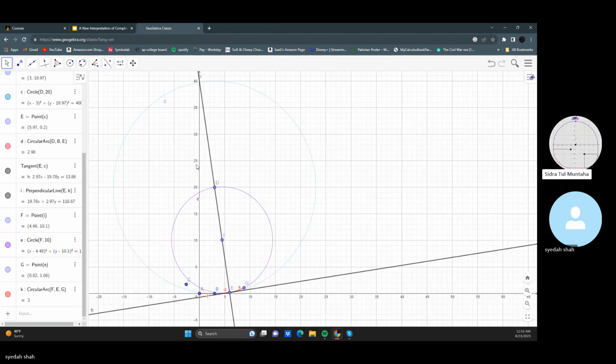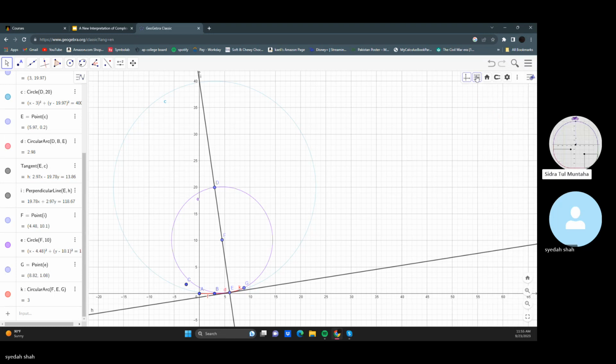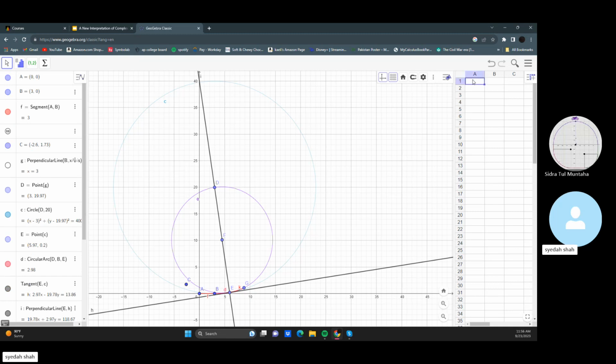No, not here in the GeoGebra. The spreadsheet can be opened in GeoGebra. So you have to click on the right side, the icon with the triangle and the circle, yes, this one. Now click on these 3 dots. Yes, now here, a spreadsheet.